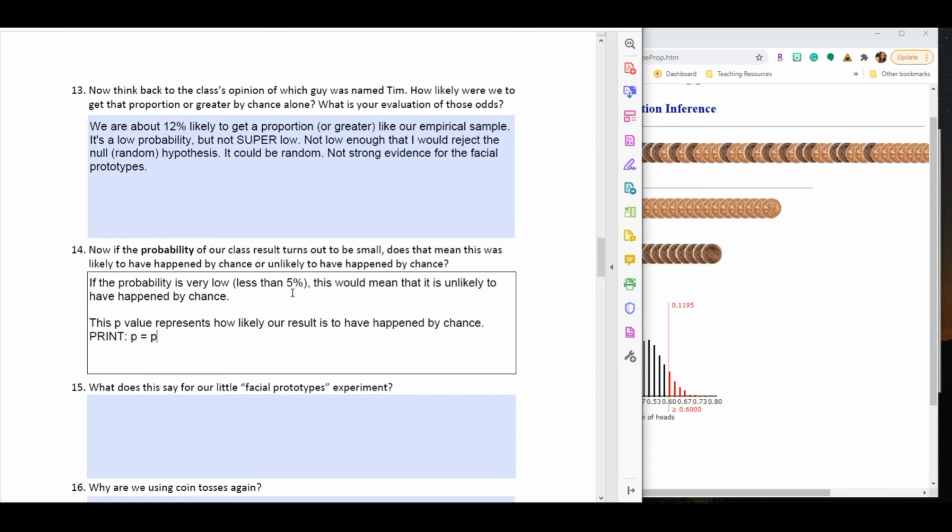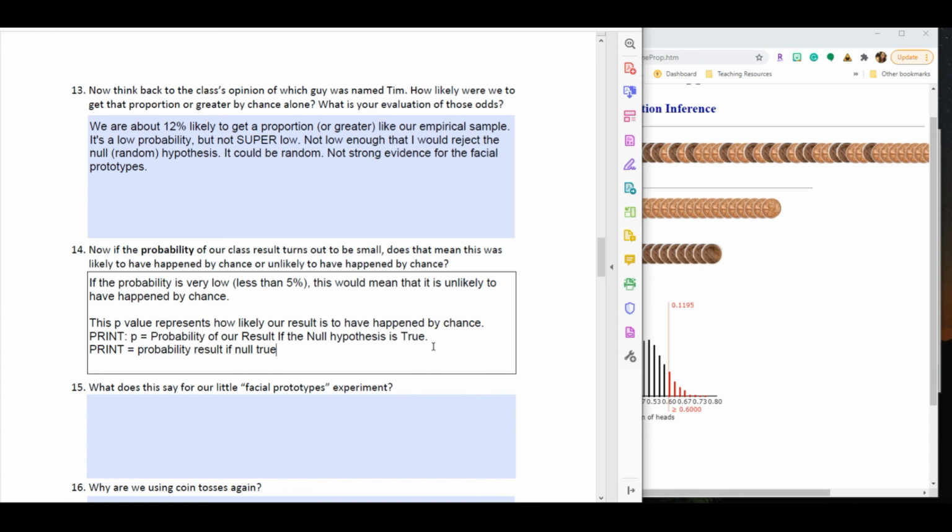So P is the probability of our result if the null hypothesis is true. All right, so the probability of our result if null true. And that's where that PRINT comes from. Probability result, if null true. A little acronym to help you remember.